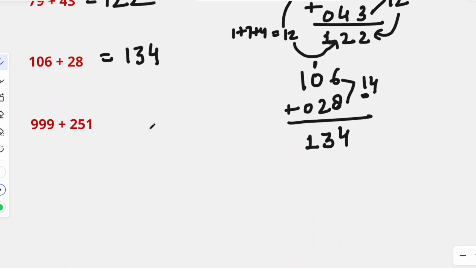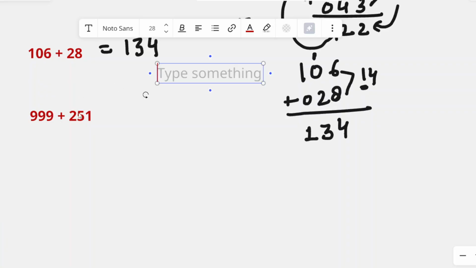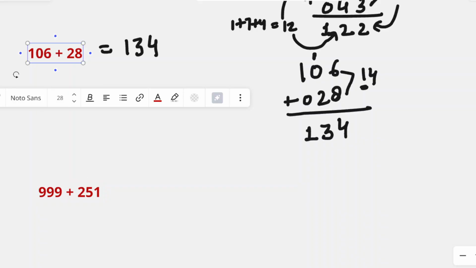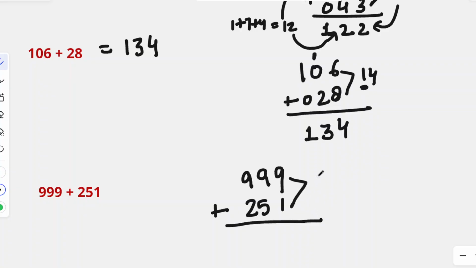All right, now we'll do the third addition. In column representation we will write it like this: 999 plus 251. Okay, now 9 plus 1 gives us 10, right? So 0 will be written here, 1 will be regrouped to the next place value, which is tens.